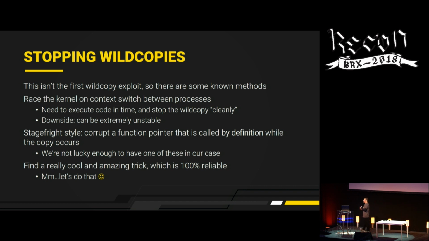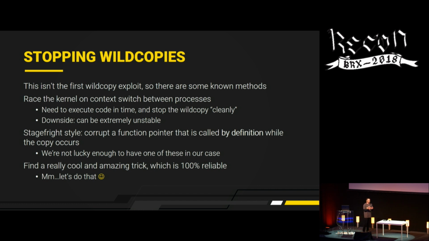The second approach is just to do what everyone did in Stagefright. I assume you all know the Stagefright vulnerability, and if you don't, please do. It was an extremely strong and powerful corruption in the Android system. We had a wild copy there, but there I had a struct which had a virtual function, which by definition gets called during the wild copy.